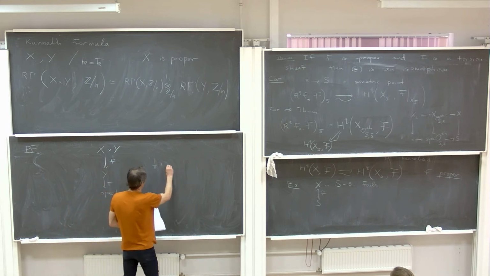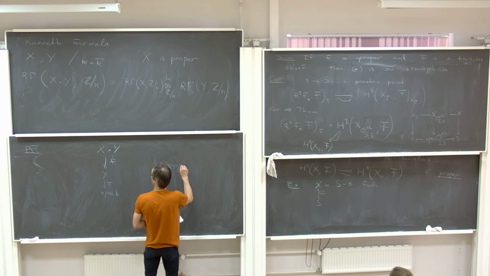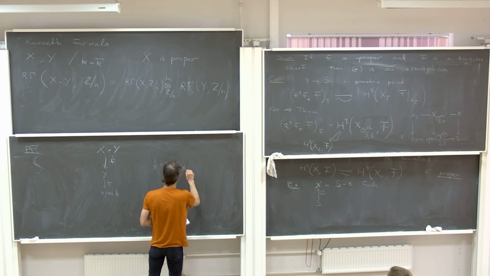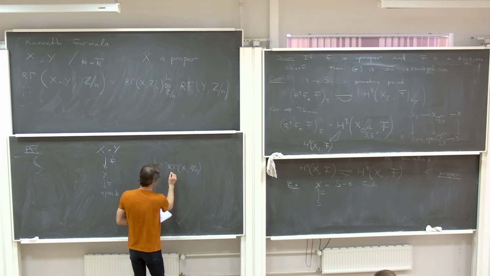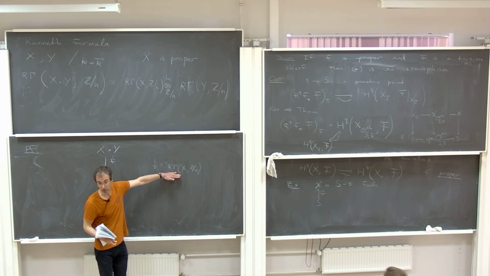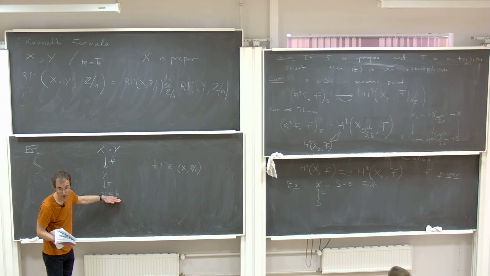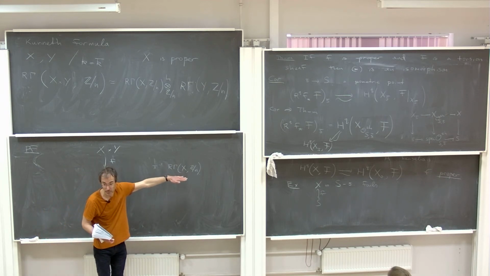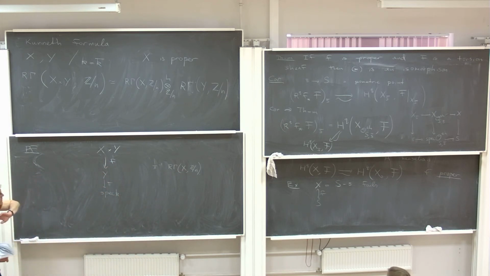So I take R Gamma of X with coefficients in Z mod n Z. I think of this just as a complex of Z mod n Z modules. This is a sheaf on Spec k. k is algebraically closed, so the derived category of sheaves is just the derived category of abelian groups, or Z mod n Z modules.